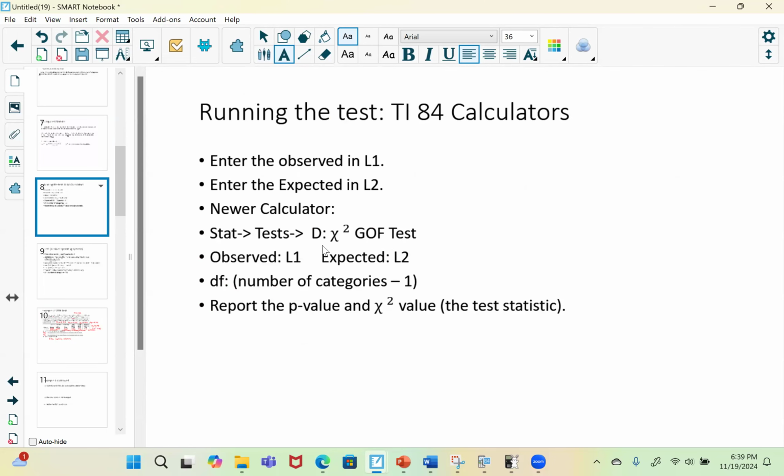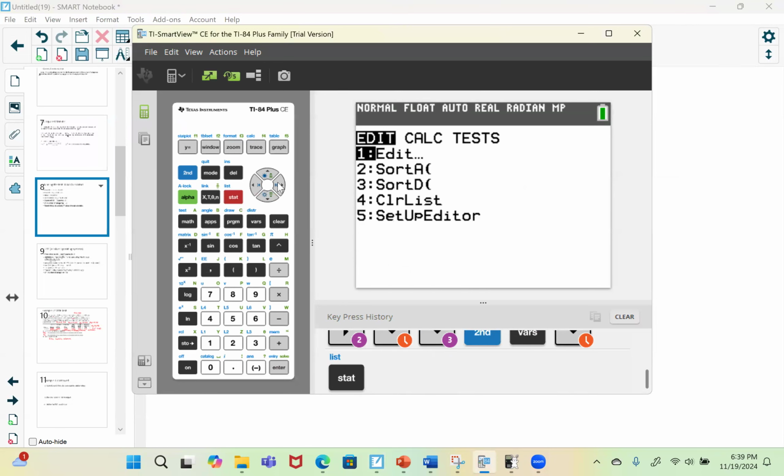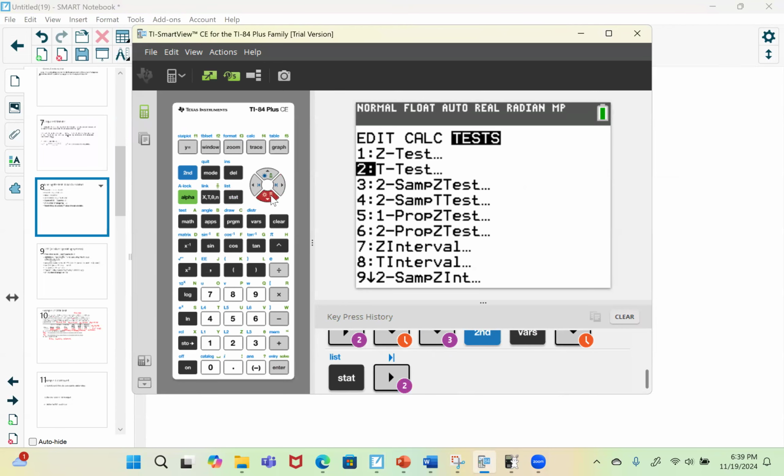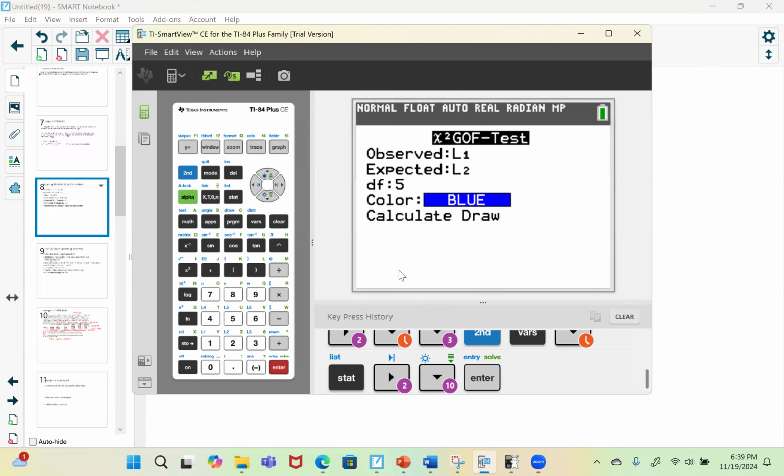And again, if you have an older calculator, you won't have this test and you'll need to watch the other video on how to do that. But if you have the GOF test, when you go to stat over to tests and you scroll down a little bit, under D, if you have this chi-squared GOF test, you can just run that.